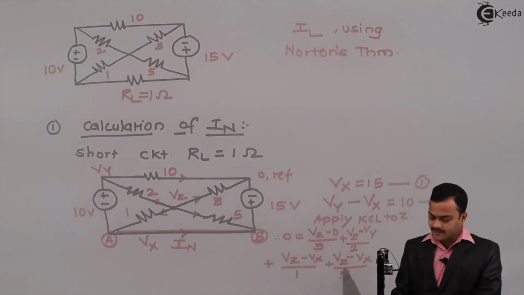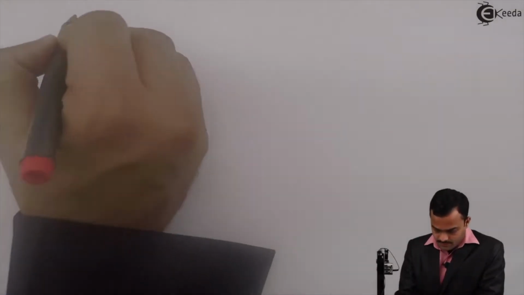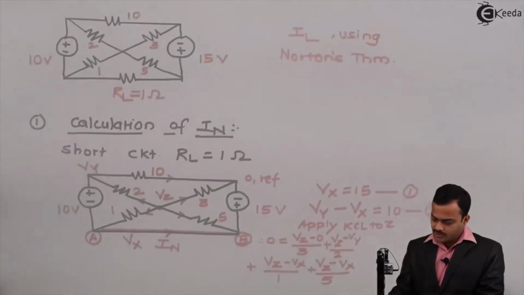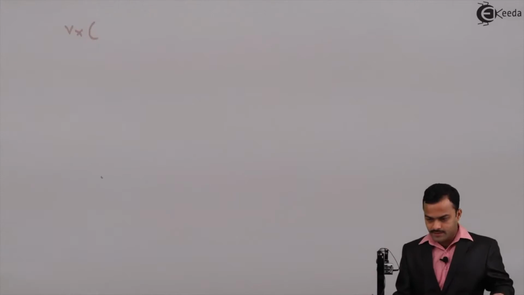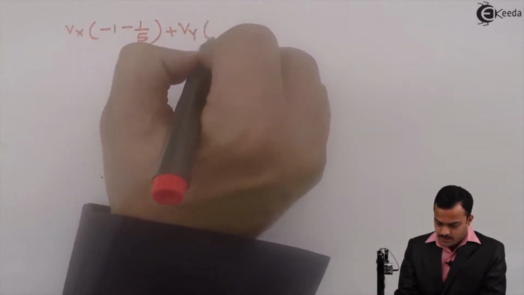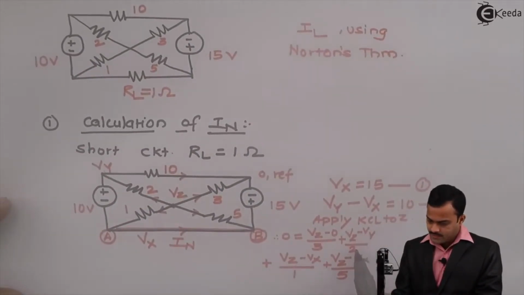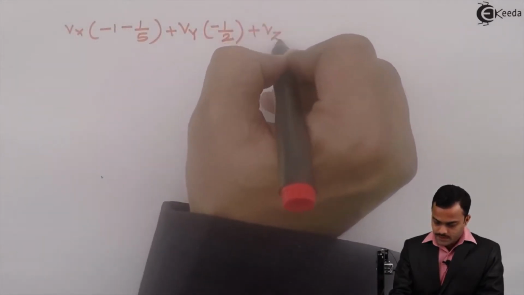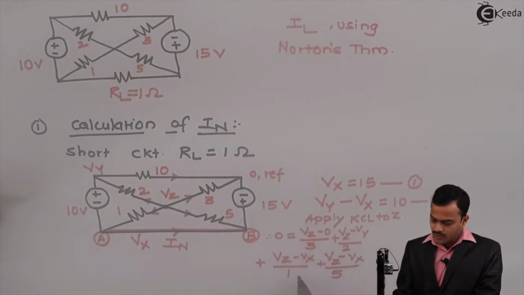So let's simplify this. So after simplification I will get Vx, coefficient of Vx is -1 and -1/5, plus Vy, coefficient of Vy is -1/2, Vz, coefficient of Vz is 1/3, 1/2, 1 and 1/5.